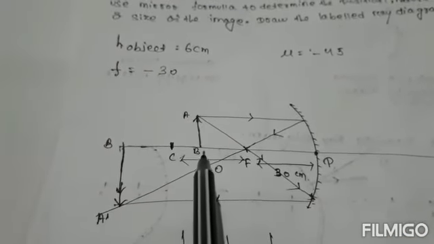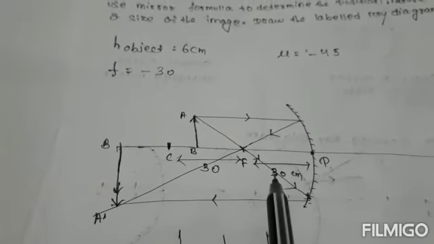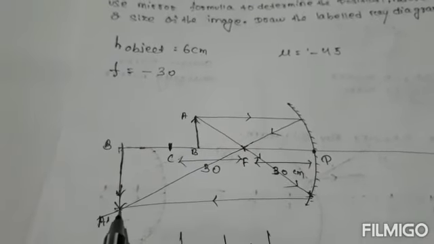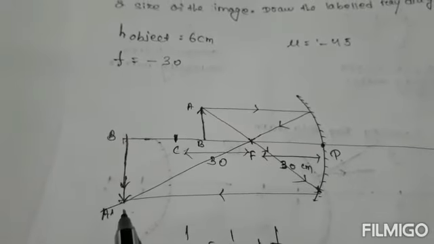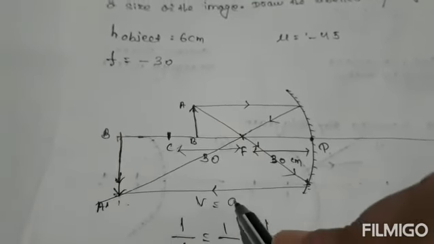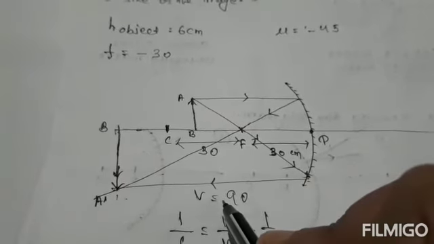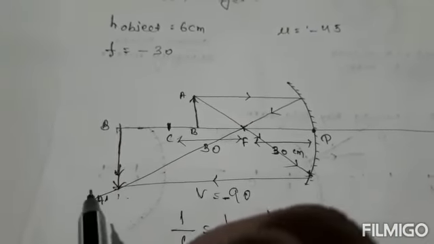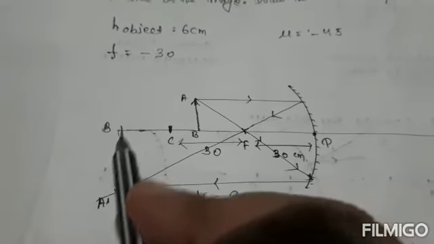Another ray passes through the focus, so after reflection it is parallel to principal axis, and two reflected rays meet at this point. So this distance is distance of the image, that means v. So v equal to 90, but we are giving here minus sign due to v is left hand side of the pole. So this is minus and this is inverted.